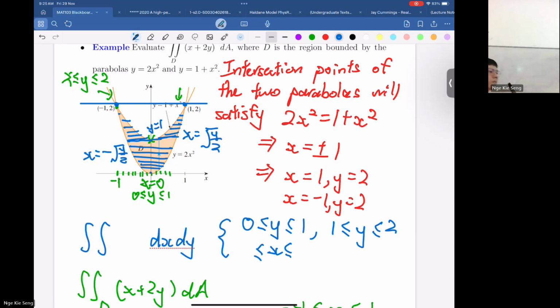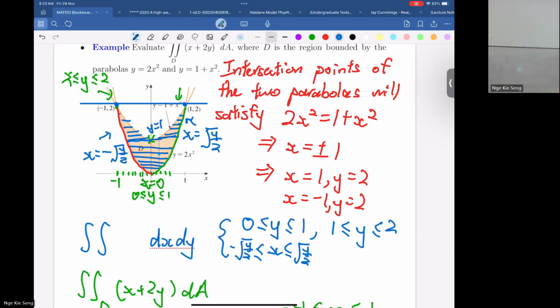So there are two parts here: here one part, and here the other part. On the left hand side it is bounded by negative square root of y over 2, and on the other side by square root of y over 2. So this is a bit like the upper semicircle and lower semicircle that we did last time.